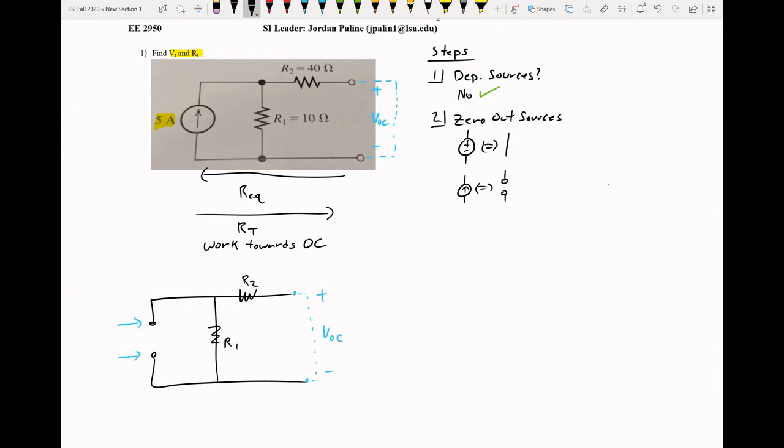Then we can move on to step 3, which is to find R Thev, which is just equal to our equivalent with respect to the open circuit.